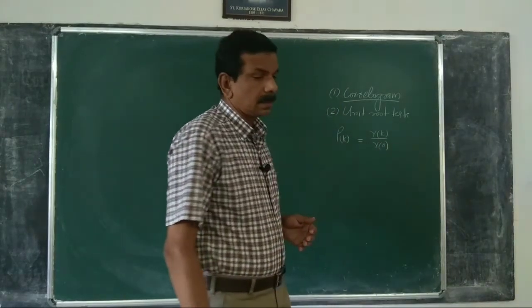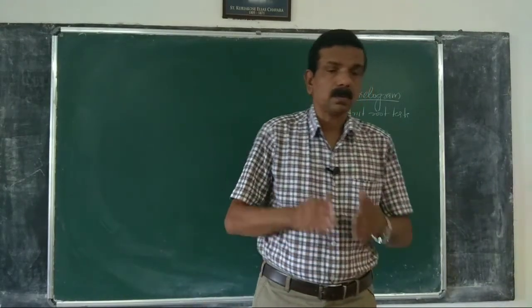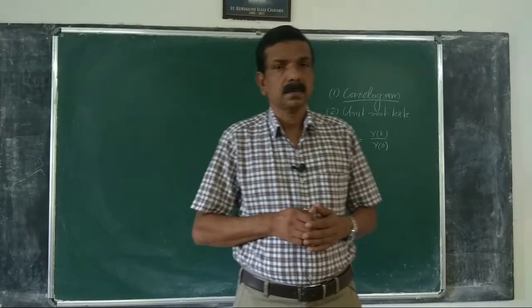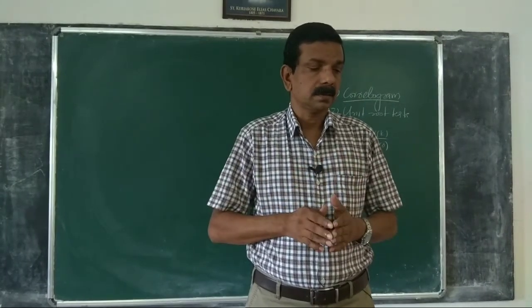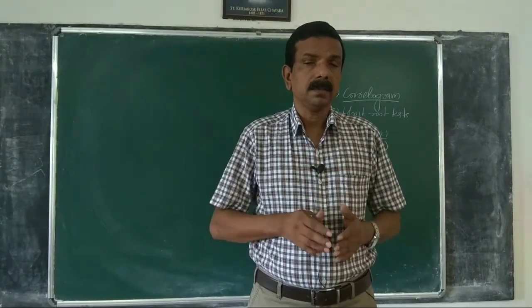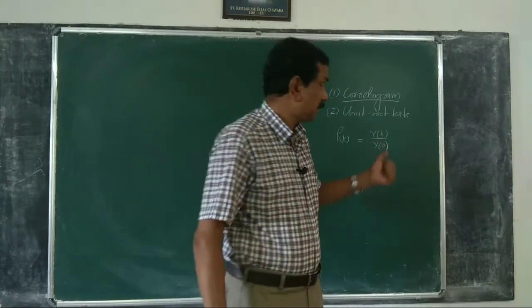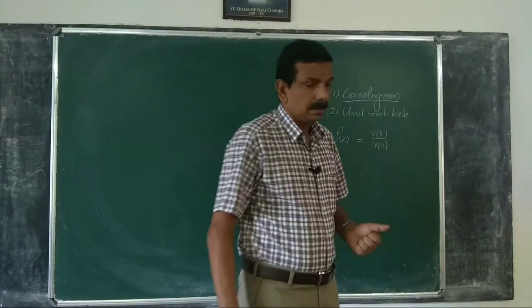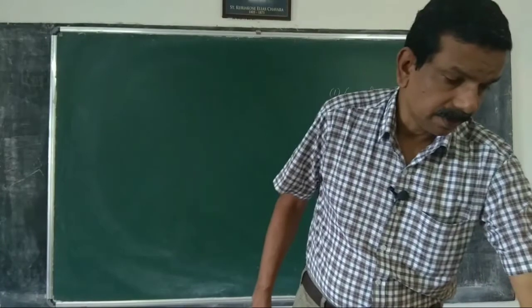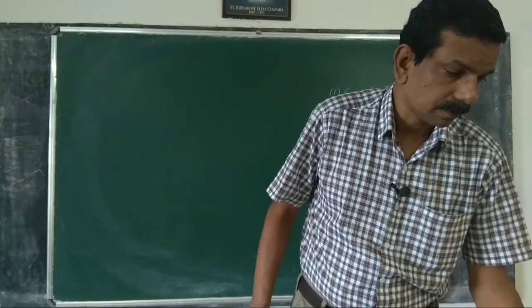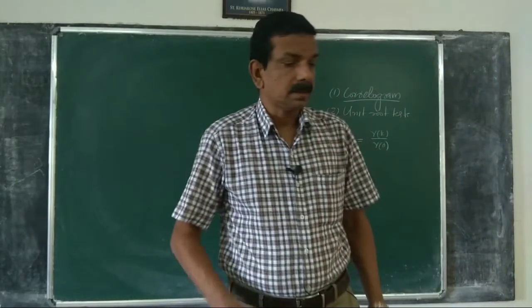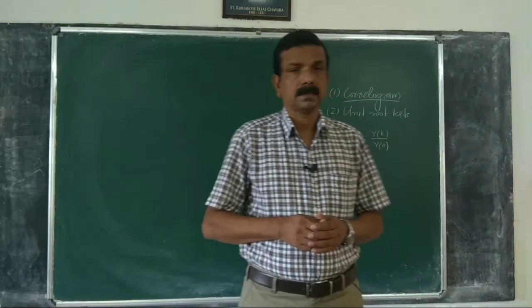That is, rho k, the autocorrelation function for lag k, is gamma k by gamma 0, that is, covariance at lag k divided by the variance of the series, which we have considered earlier.